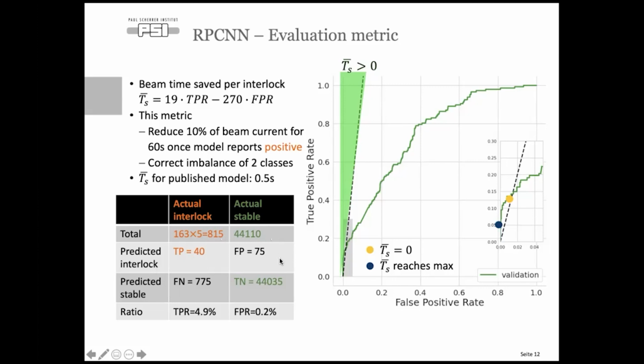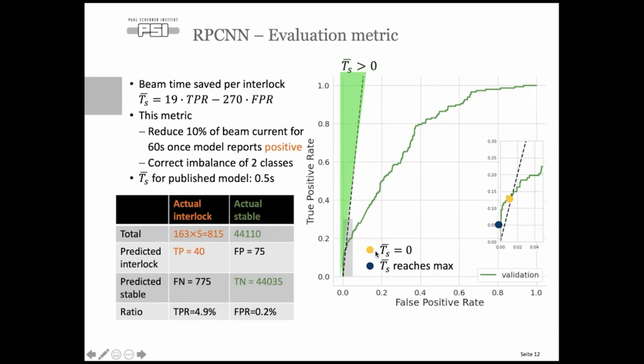The reason why we choose a model with such a low true positive and false positive rate is because of this ROC curve.